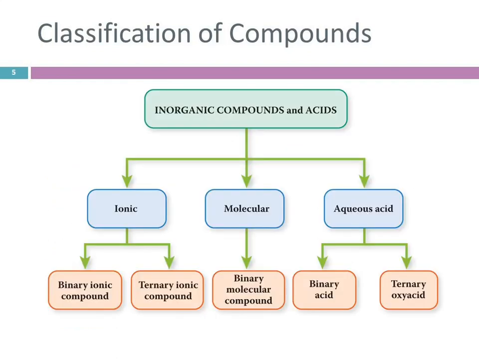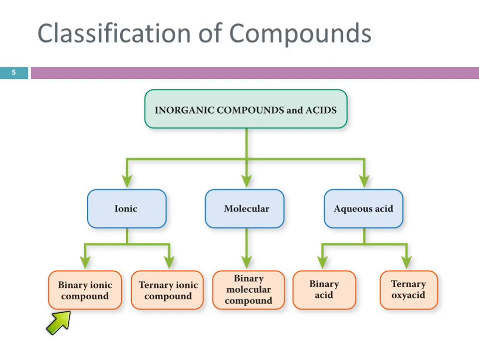So here's a flow chart from your book showing this organization. Inorganic compounds and acids. This is the group of chemicals that we're going to learn how to name. It's divided into ionic, molecular, and aqueous acids. Molecular compounds do not have ions in them. Ionic compounds do.